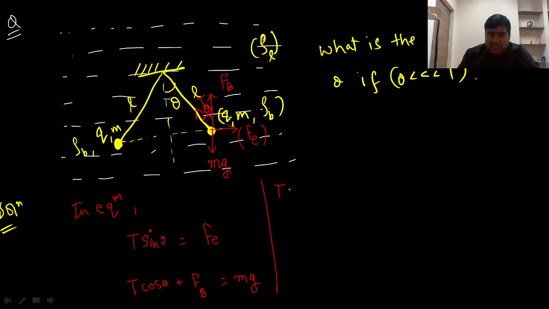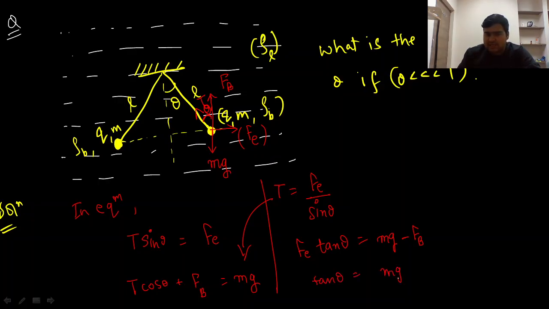I'll just substitute T as Fe by sin theta and put it in this equation. I will get Fe into tan theta equals mg minus force of buoyancy, and tan theta will be equal to mg minus force of buoyancy over this force of electrostatic repulsion. I hope this is pretty much clear.